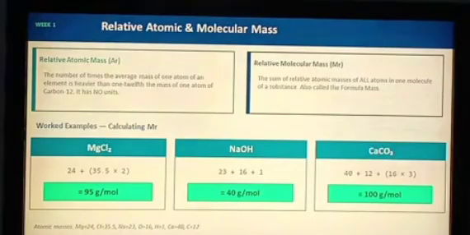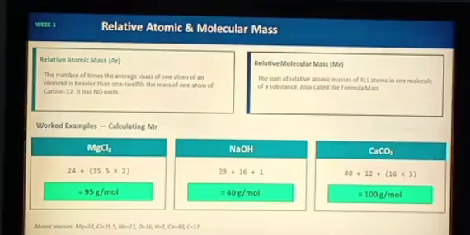Relative atomic mass. Let's look at it bit by bit. Mass is actually what? The particles that make up the substance. So atomic mass is the particles that make up an atom of a substance.